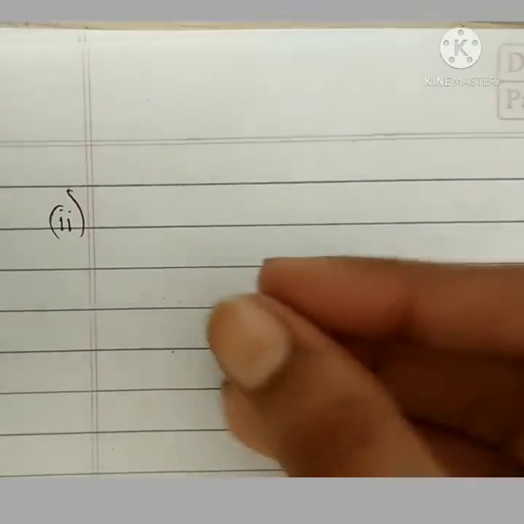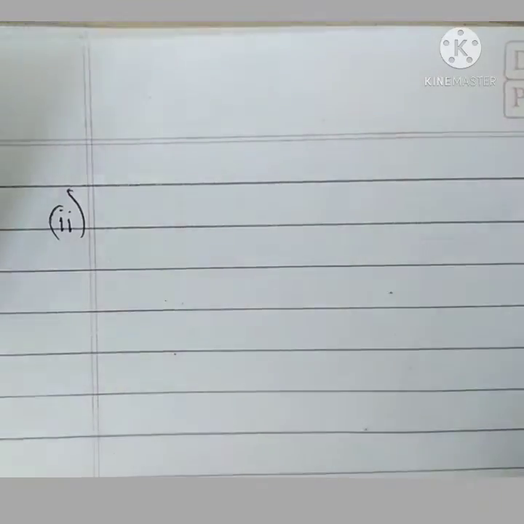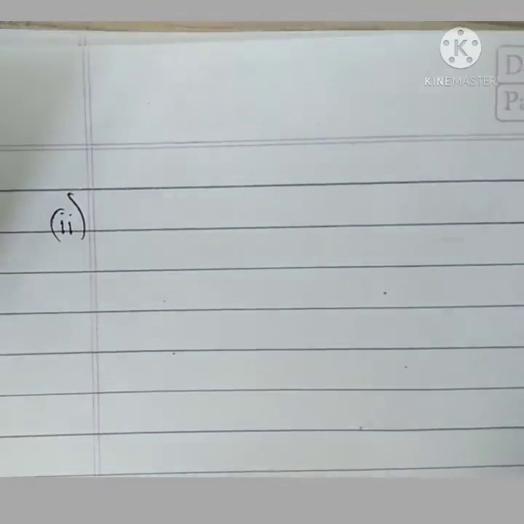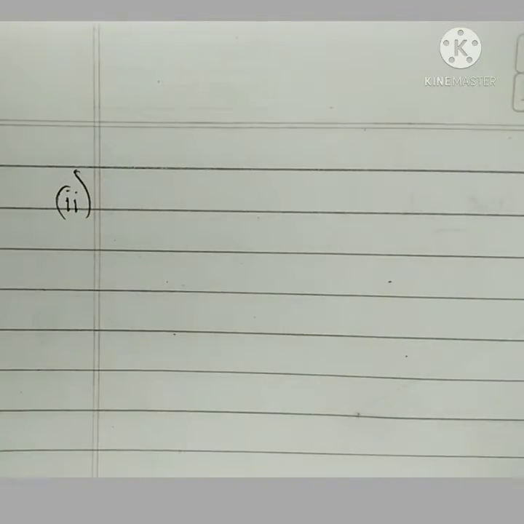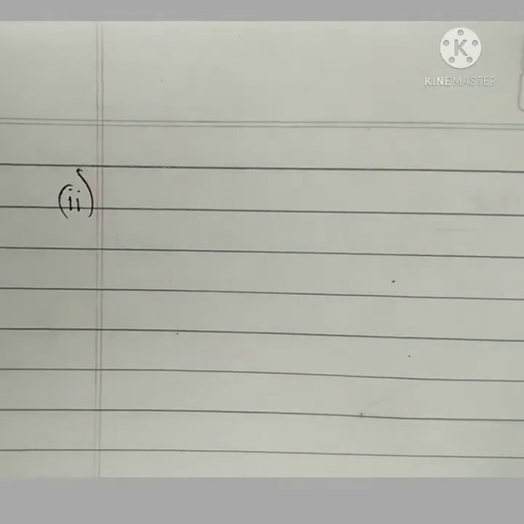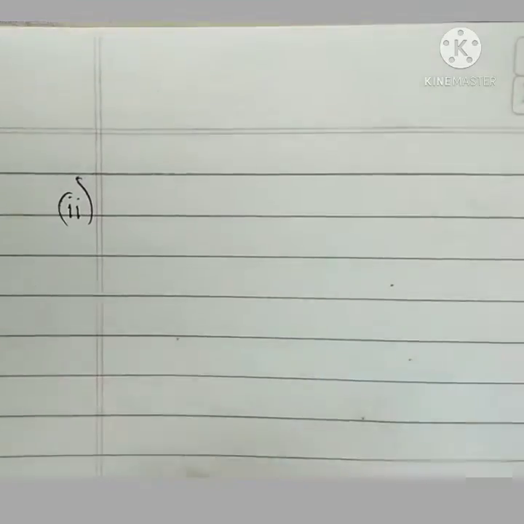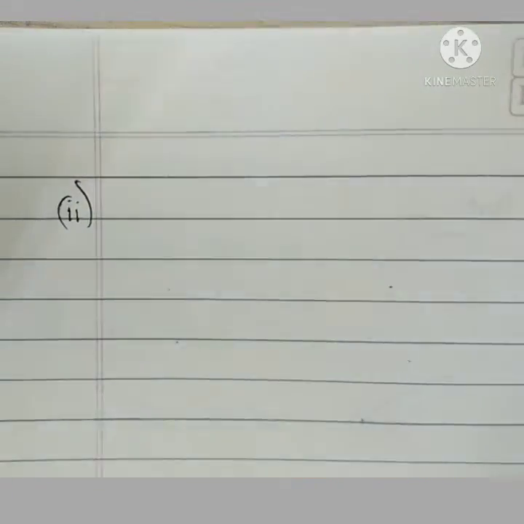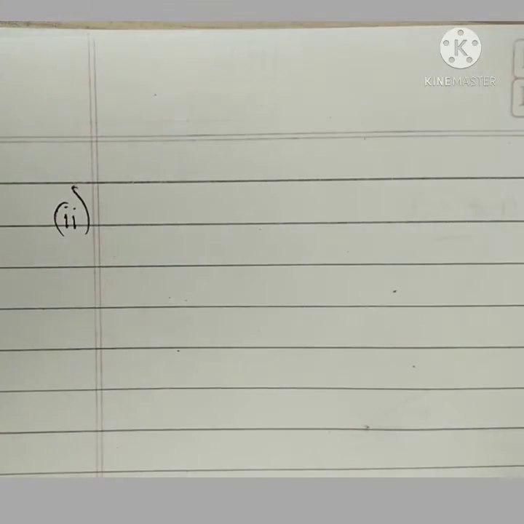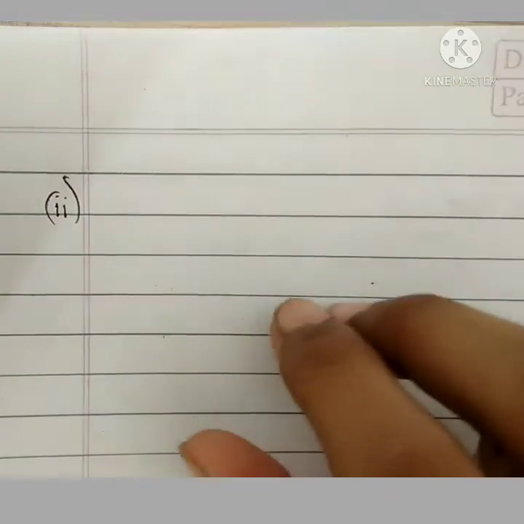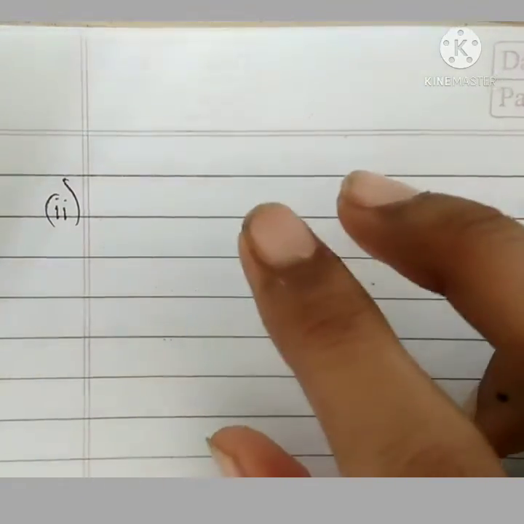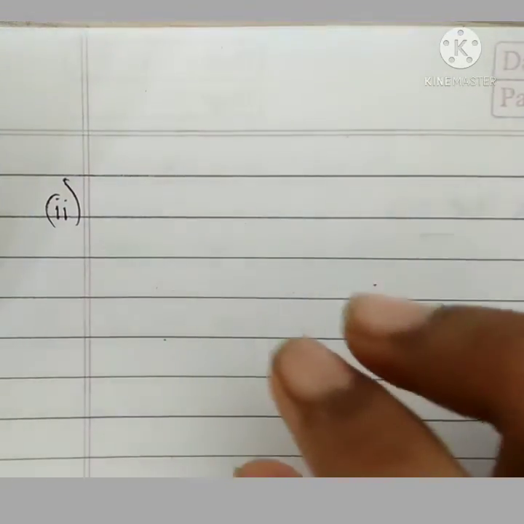It is given that the pillar is in the shape of a cylinder. So you have to write the formula for the volume of the cylinder, basically the cylindrical pillar. You just have to mark the formula for the volume of a cylinder, because it is given that the shape of the pillar is nothing but a cylindrical shape.